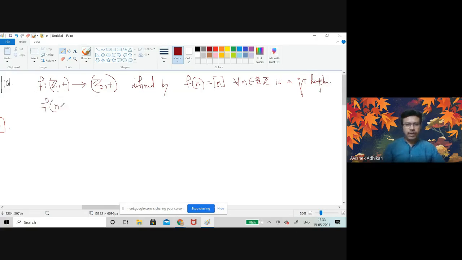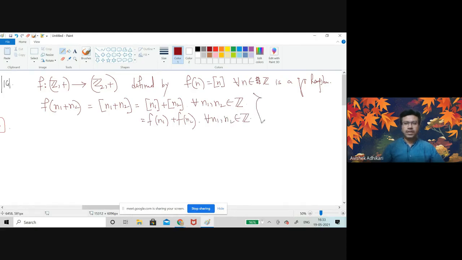So f(n1 plus n2), by definition the class of n1 plus n2, and we know that within this Z2 it happens like class n1 plus class n2, for all n1, n2 belongs to Z. So this property is satisfied. As a result, this is the same as f(n1) plus f(n2) for all n1, n2 belongs to Z. So we say that f is a group homomorphism.